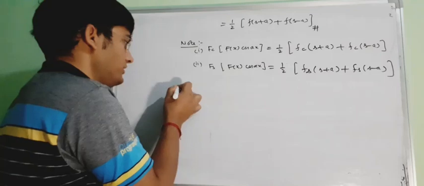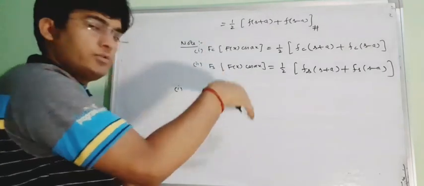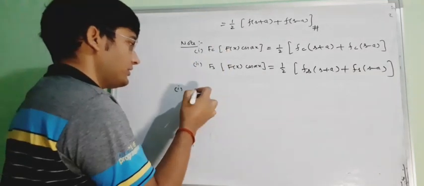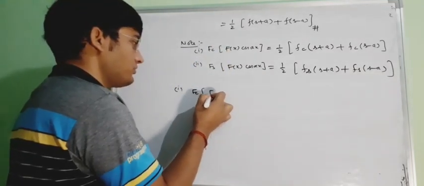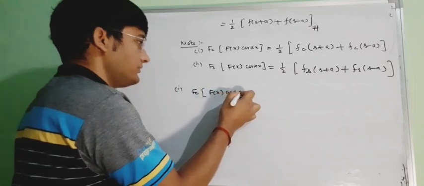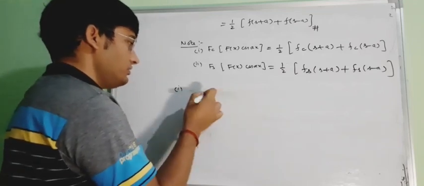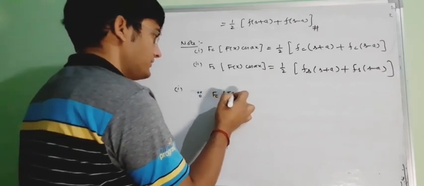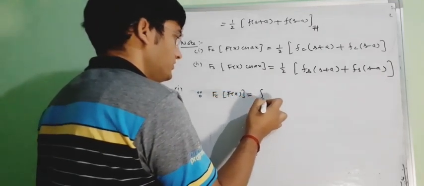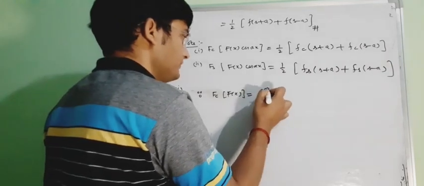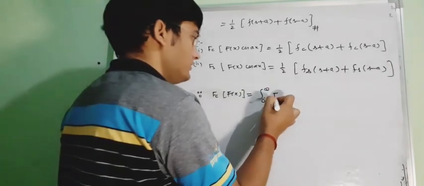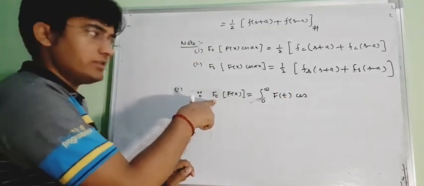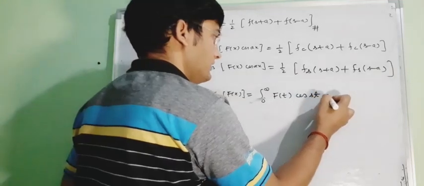Let us prove the first part. These two are also a part of the modulation theorem. The Fourier cosine transformation of a function f(x) is equal to the integral from 0 to infinity of the function into cos st, as we are taking the Fourier cosine transformation, then dt.